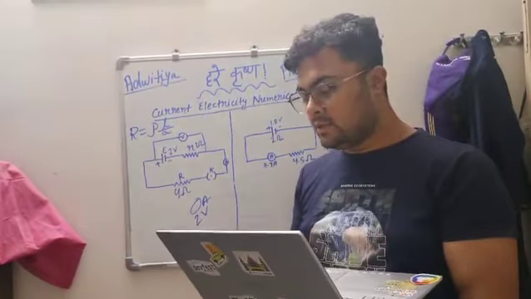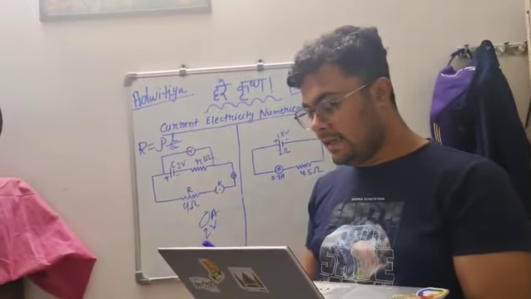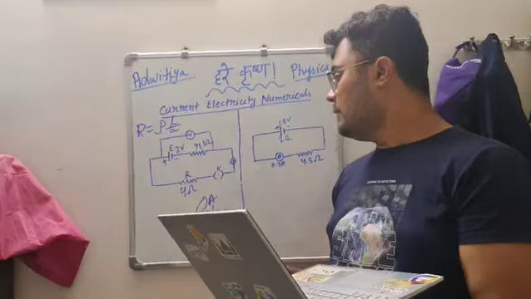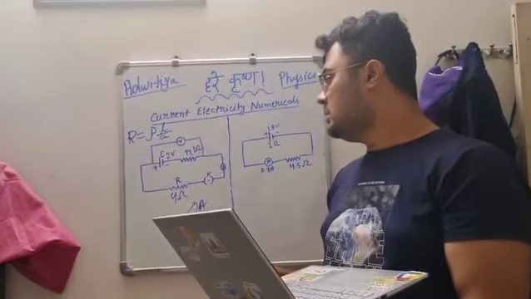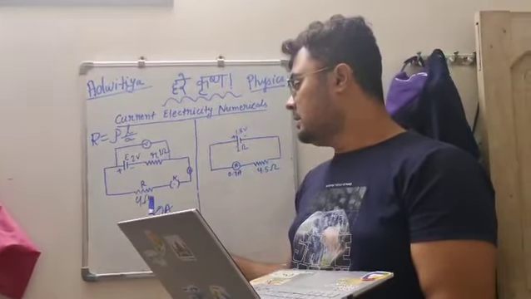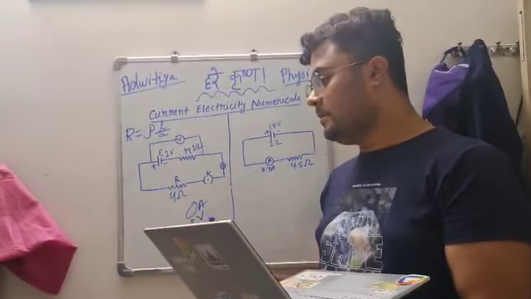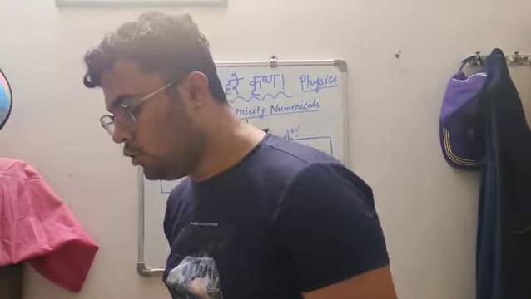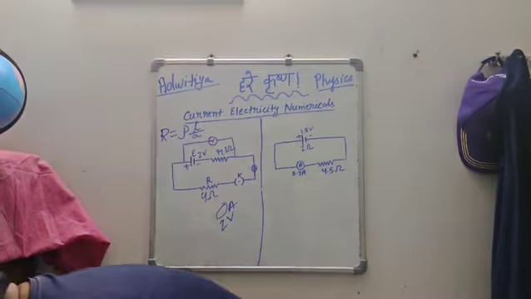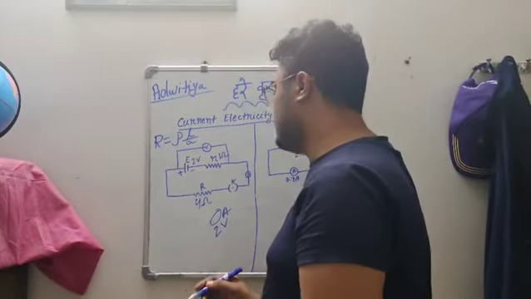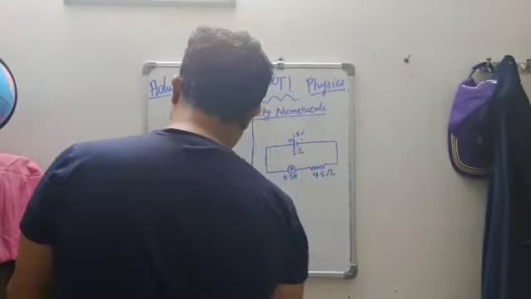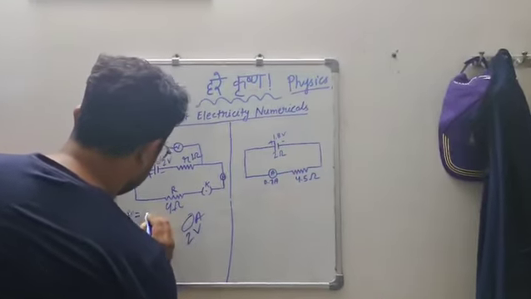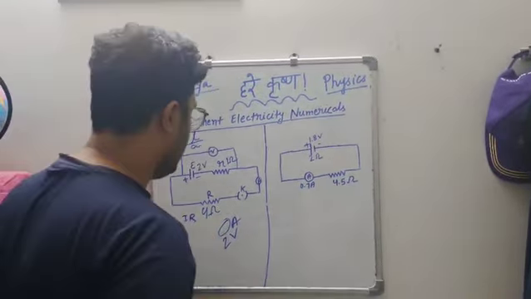Next question, when the key is closed. When the key is closed, we will apply Ohm's law. Ohm's law states that V equals IR.